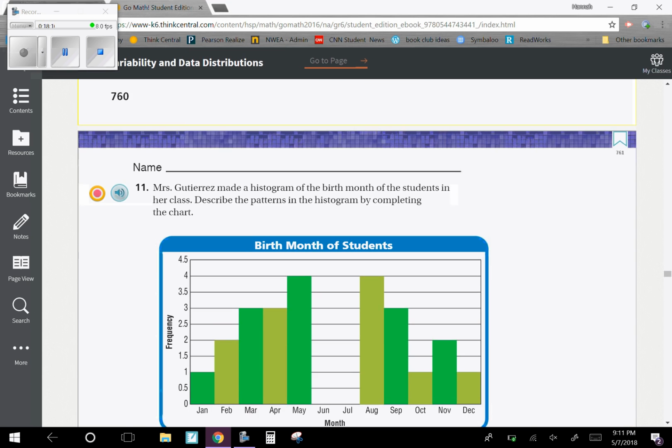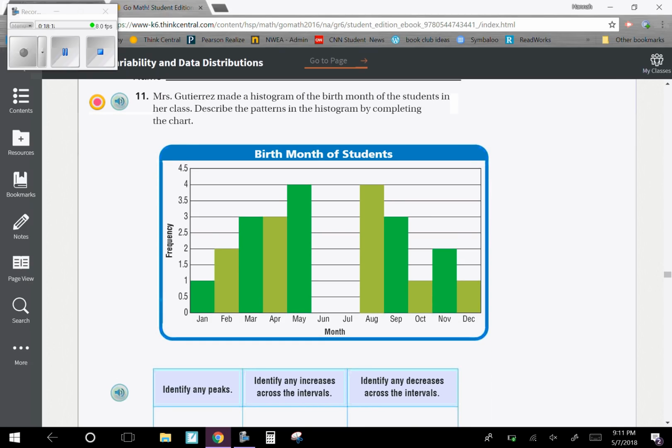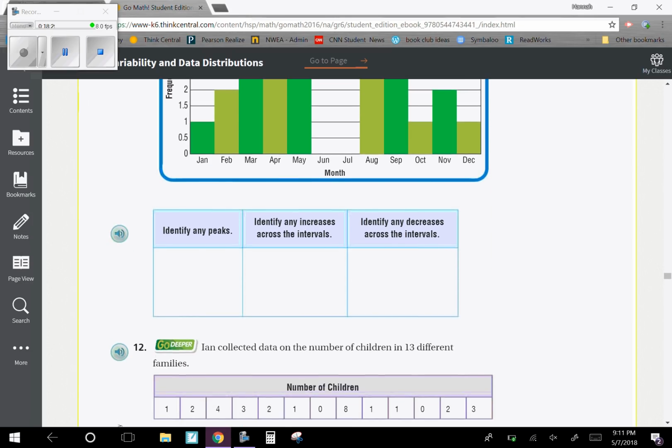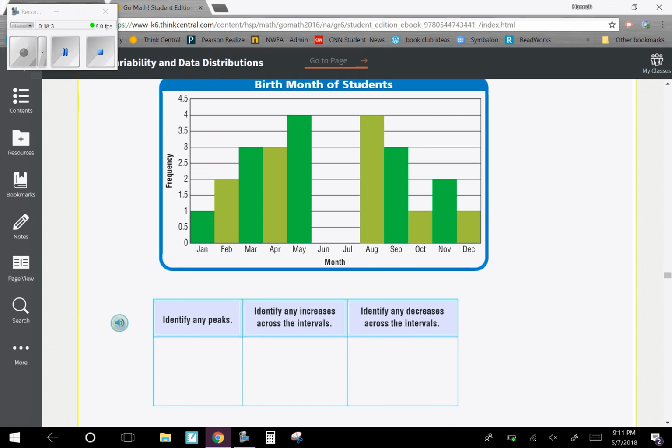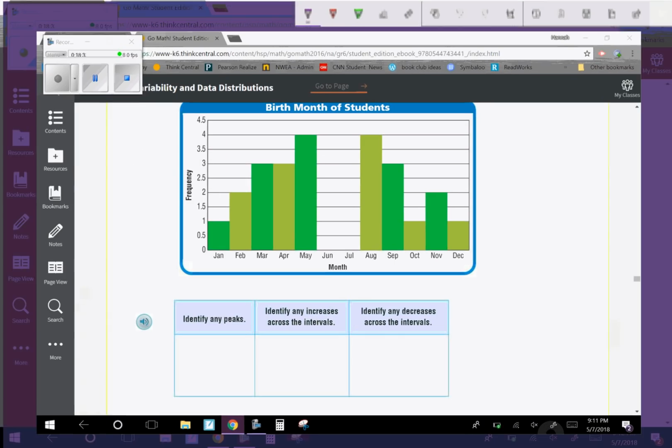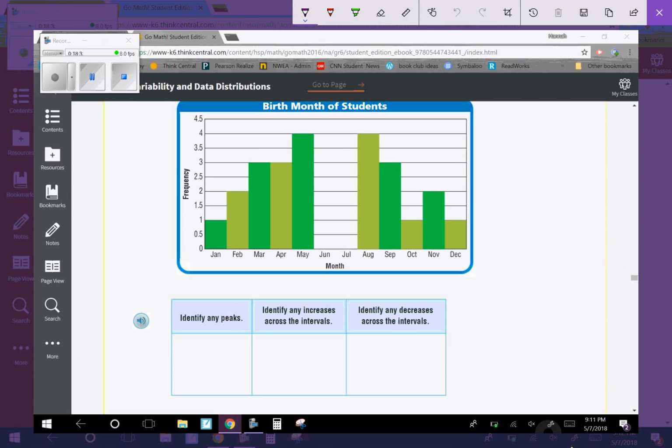Okay. Number 11. Mrs. G made a histogram of the birth month of the students in her class. Describe the patterns in the histogram by completing the chart. Okay, identify any peaks. There is a peak in May, and there's a peak in August.